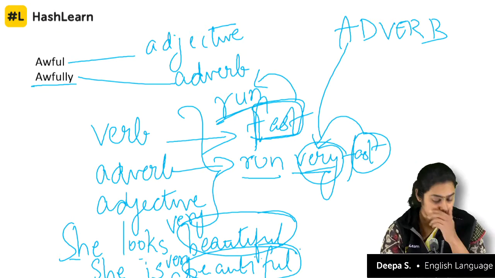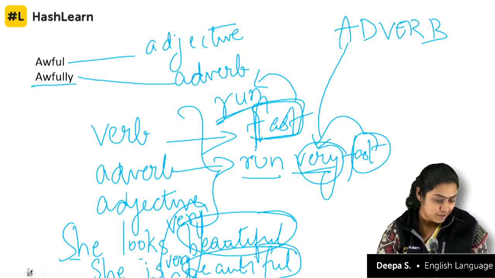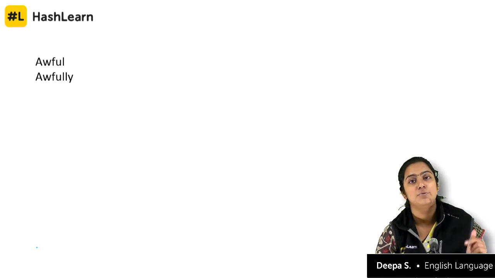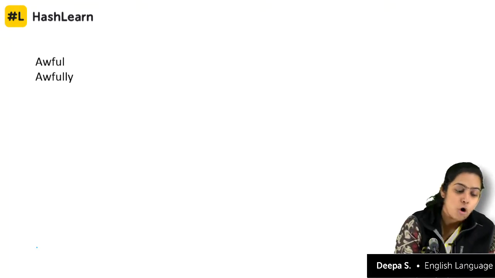She is very beautiful. In both cases, very is an adverb. Okay, now that you know what adverbs, when it's used slightly out of context is, okay, whether you're describing an adverb or an adjective, it is still an adverb. Okay, awful is an adjective, I told you, right?